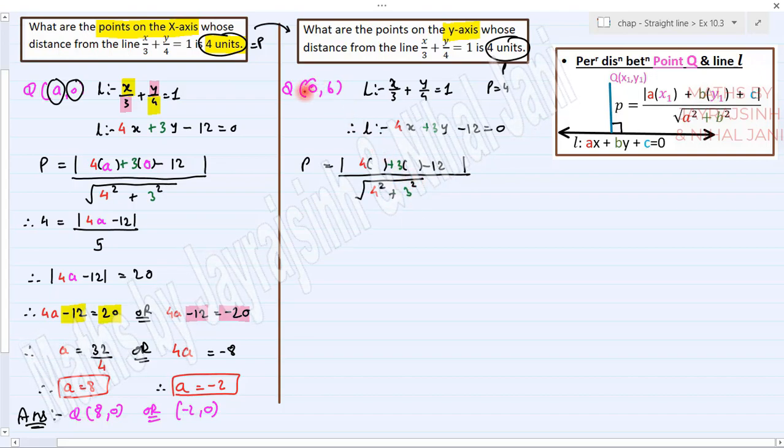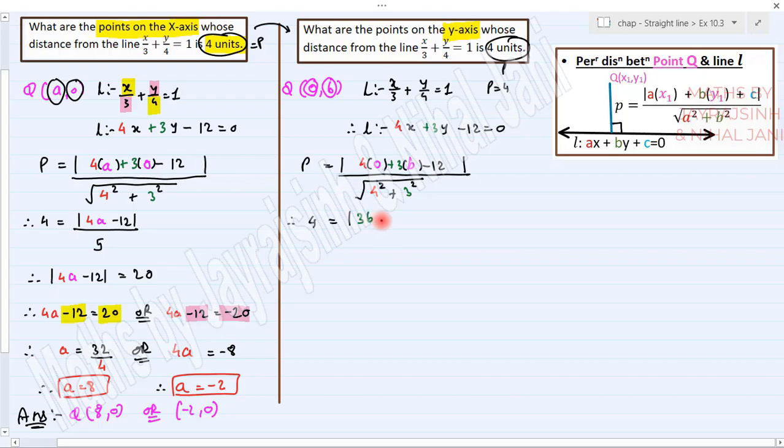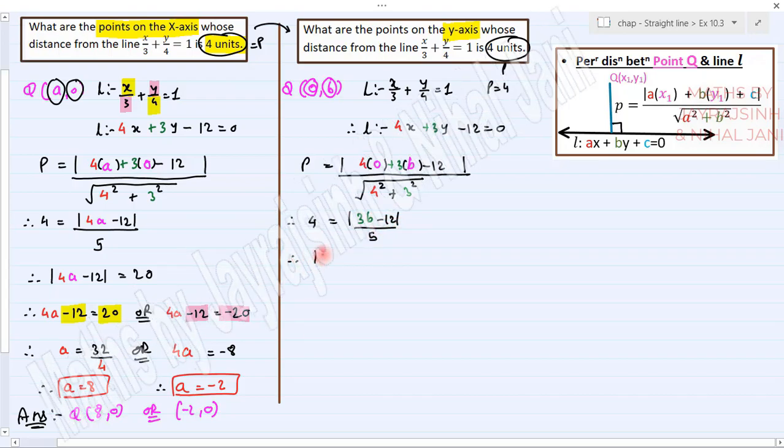Now substitute the x coordinate of the point instead of x and the y coordinate of the point instead of y. It is given that p is 4, so we'll get mod 3b minus 12 upon 5, which will give us mod 3b minus 12 is equal to 20.